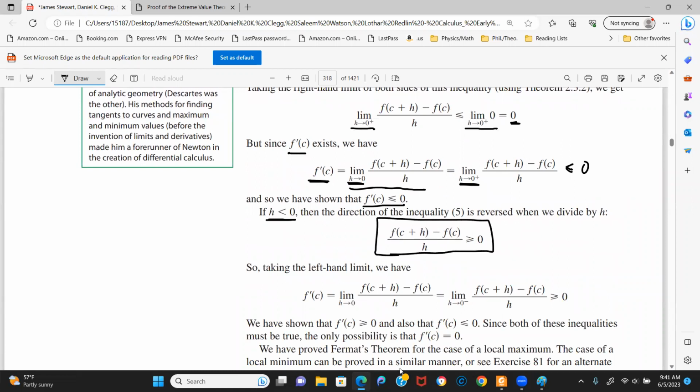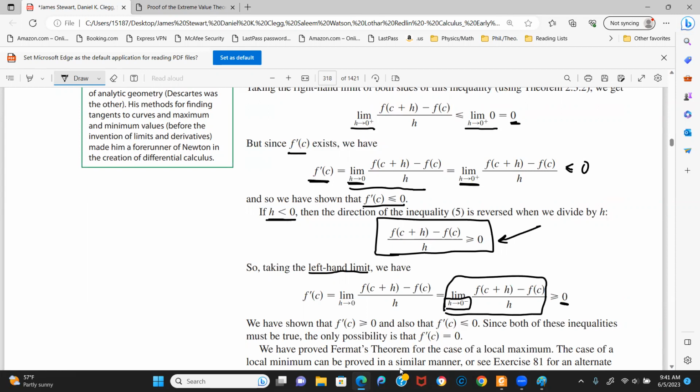We're going to take the left-hand limit, the limit as h goes to 0 from the left. And if you take the limit of this inequality, the limit had better satisfy the inequality as well. So the limit of this difference quotient is going to be bigger than or equal to 0.